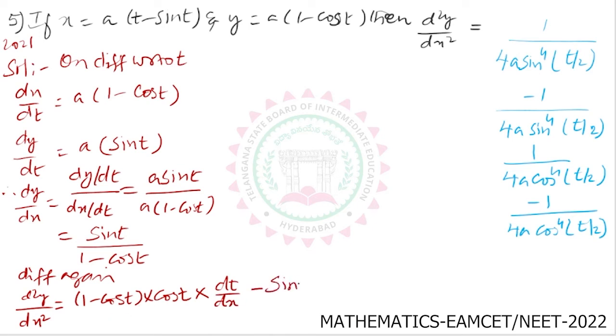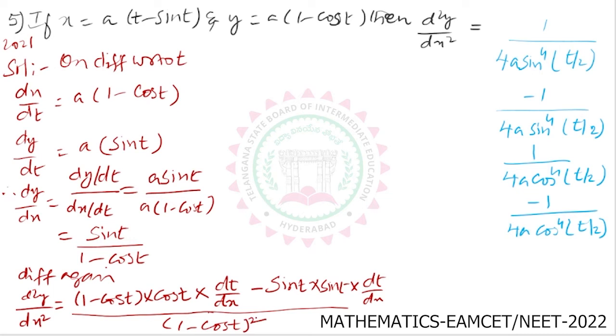Sin t into derivative of denominator. Derivative of 1 is 0, derivative of cos t is minus sin t, minus into minus is plus sin t. Okay? Into again dt by dx. Whole divided by denominator whole square, that is 1 minus cos t whole square.